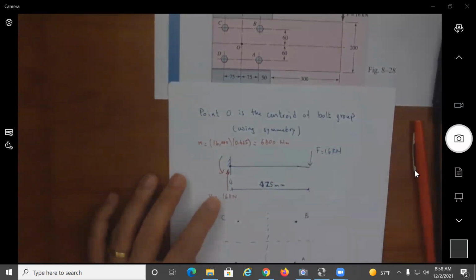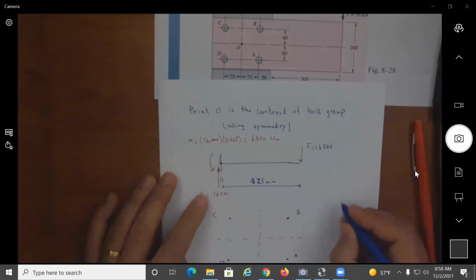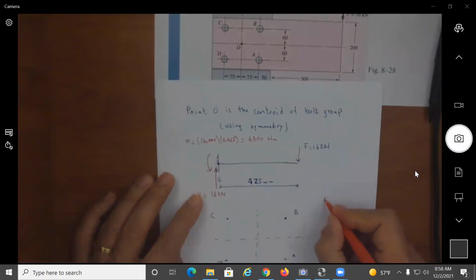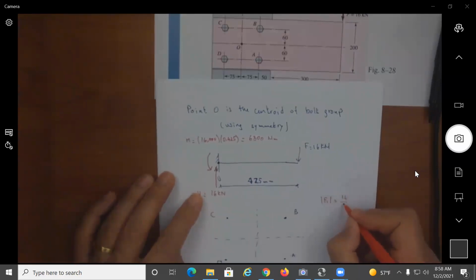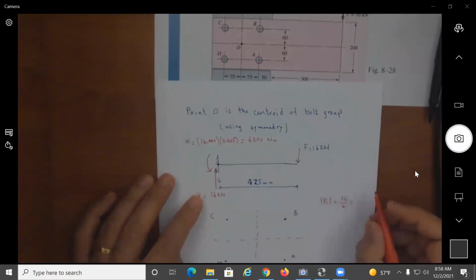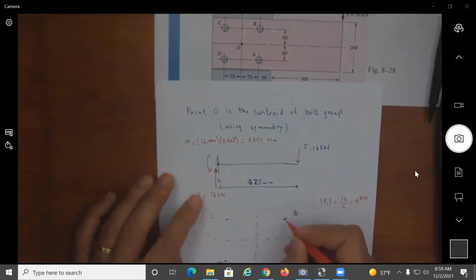So I can come here and say there is this F1 that is equal to 16 divided by 4, equal to 4 kilonewtons. So each of these fasteners is going to see a 4 kilonewton going down like this.